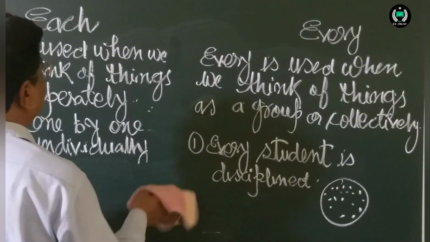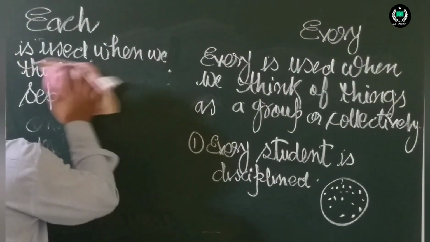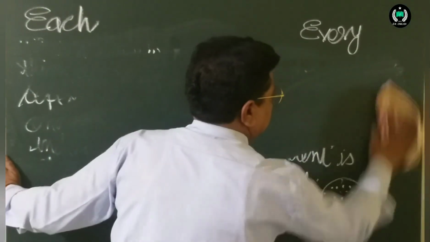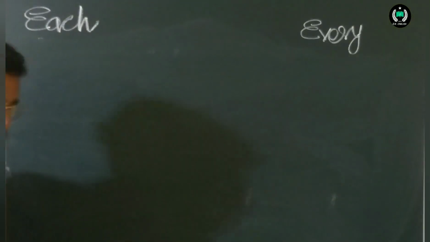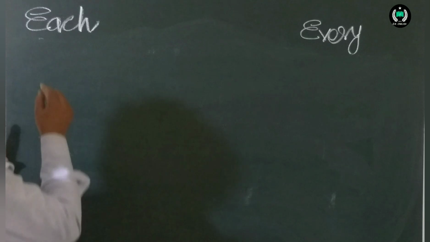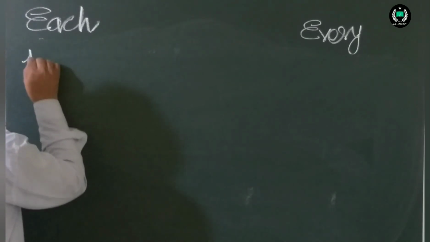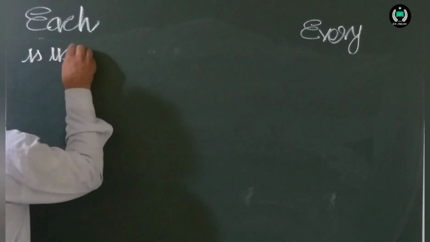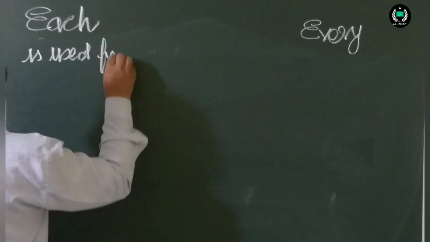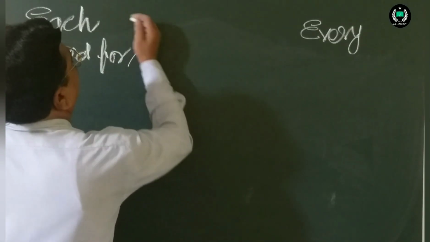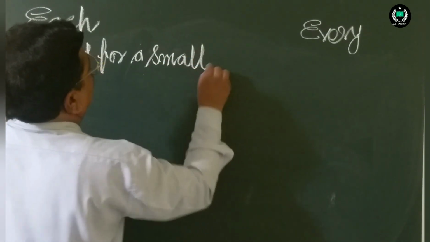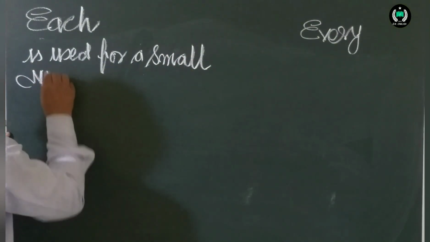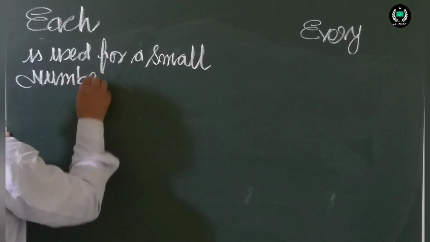Now, the second point, what I want you to have in your mind, where the problem starts. Very simple. Each is used for a small number, okay, Ayush?